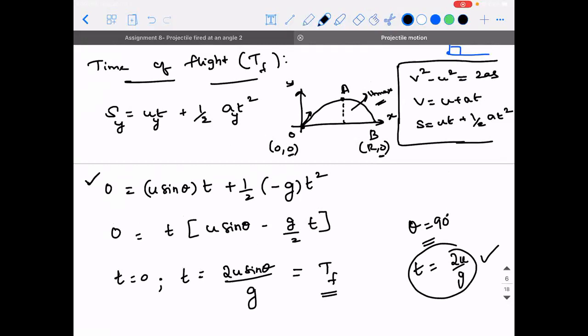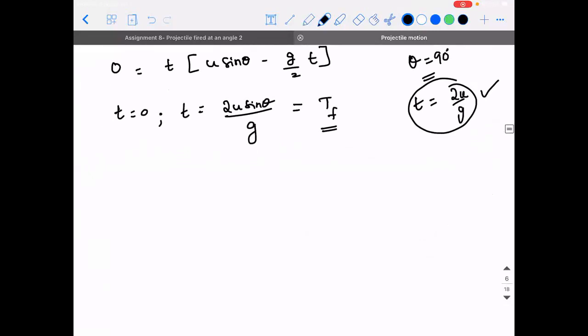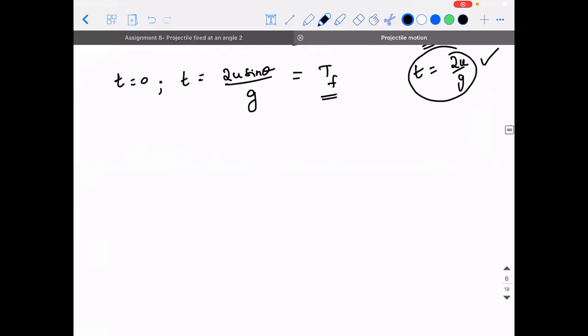Yes, sir. Now, the last thing that we are supposed to find is the horizontal range. As the name suggests, horizontal is related to which axis? X-axis, right?